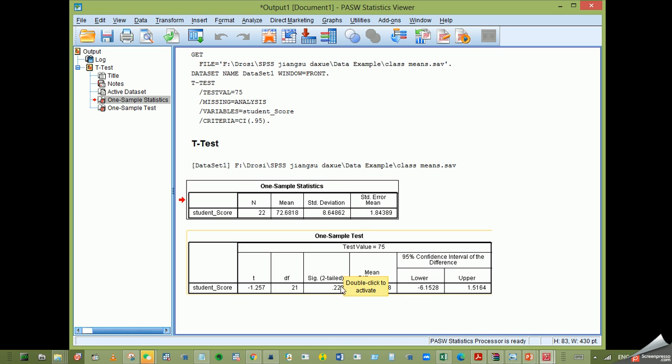Let's suppose the significance is 0. What does it mean? If it is 0 or less than 0.05, it means that the population mean is different.